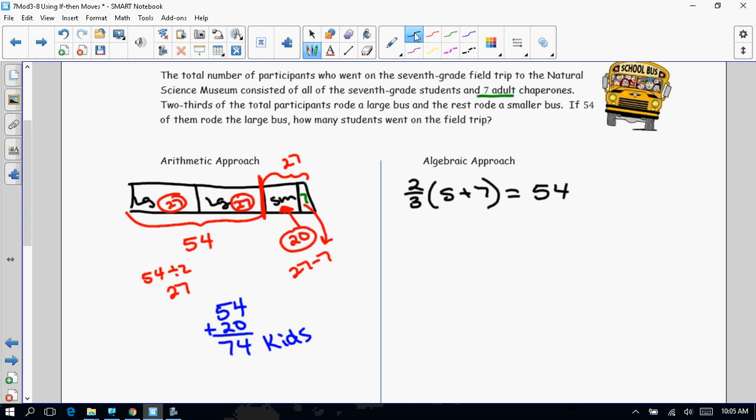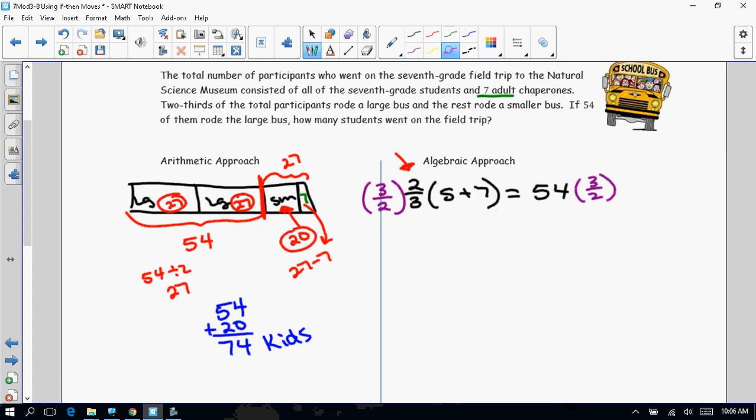Now that I have this set up, I could distribute if you would like to, but I don't think 2/3 times 7 is a nice number. So I'm actually going to work this problem differently. I am going to use the if-thens. I'm going to get rid of the 2/3, and in order to do that, I'm going to multiply both sides by its reciprocal, the multiplicative inverse, 3/2.